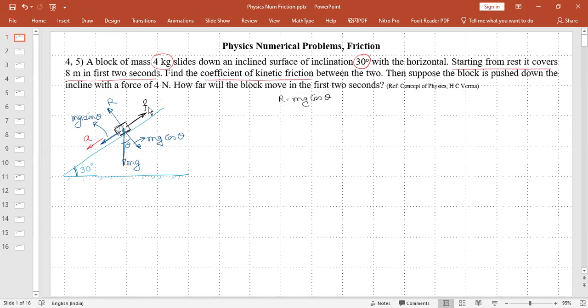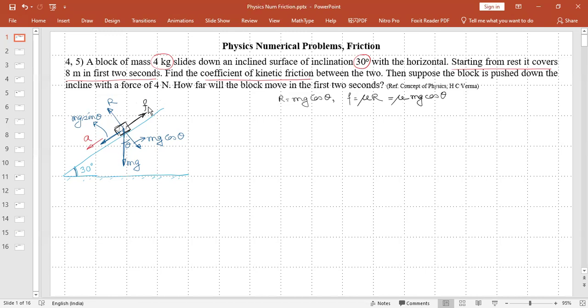This frictional force is F, right? And we also know that F is always equal to mu times reaction force. In this case, F is equal to mu mg cos theta.